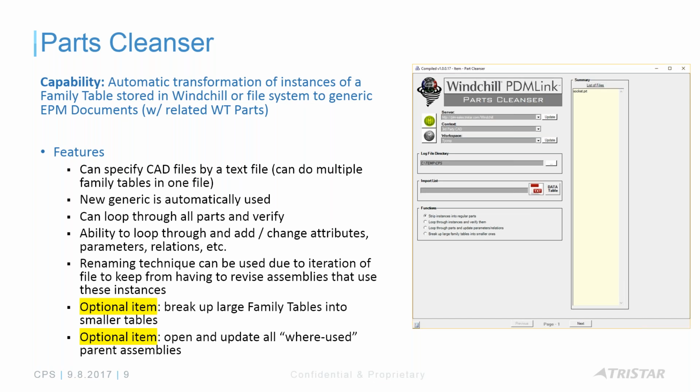And so they'll oftentimes hire teams or a dedicated person or two to go in and extract out the geometry of those family tables as the individual assemblies. Well, the Parts Cleanser app can go in and basically pull out all of your configurations in your family table, all of your different instances, and make those as separate parts or assemblies with attributes and whatever information you need, and create them as separate WT parts right there inside of Windchill with the click of a button.